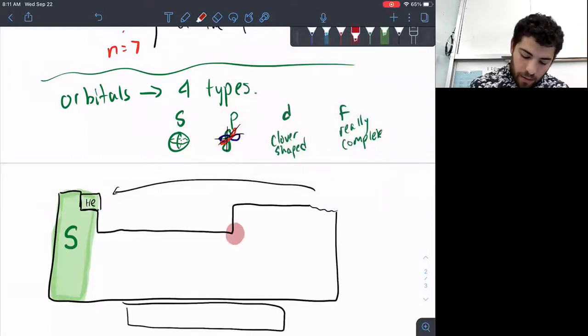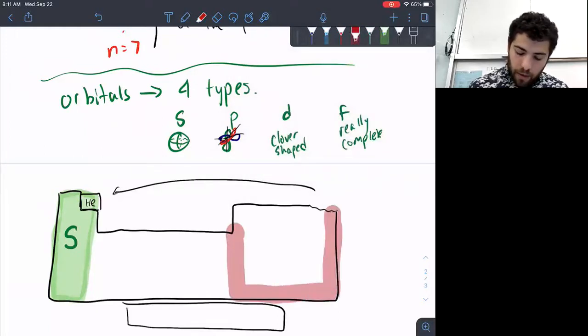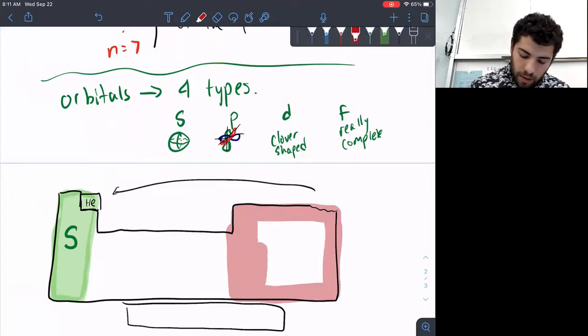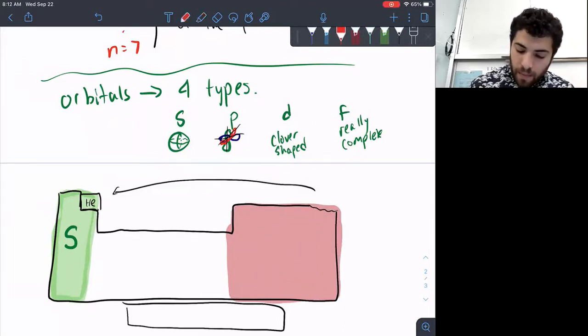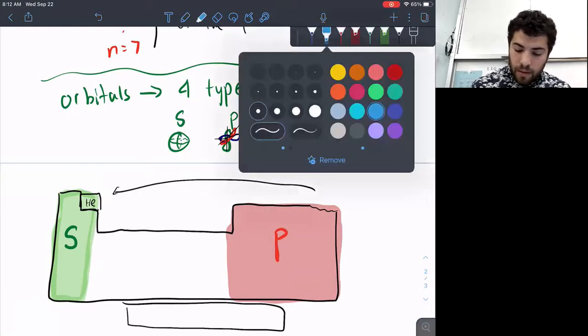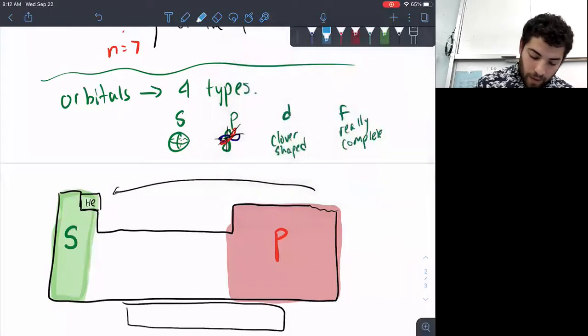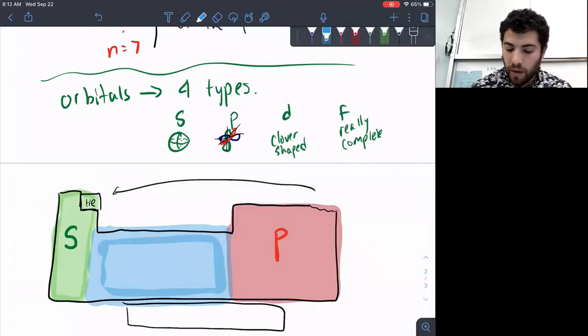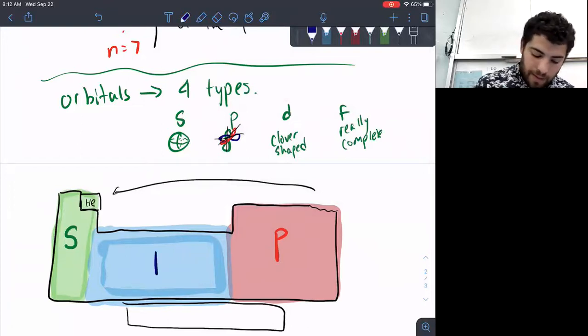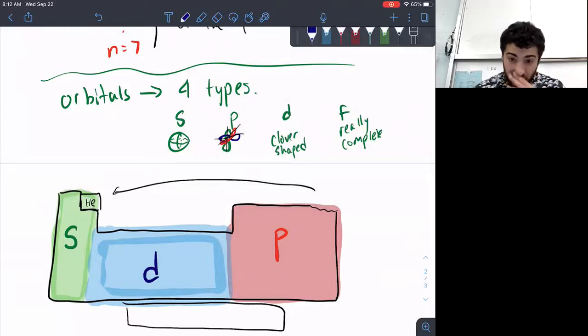Over here on this side of the periodic table, this is the p orbital section. Right here, down in this transition metal section, in our transition metals, this is the d orbital section.